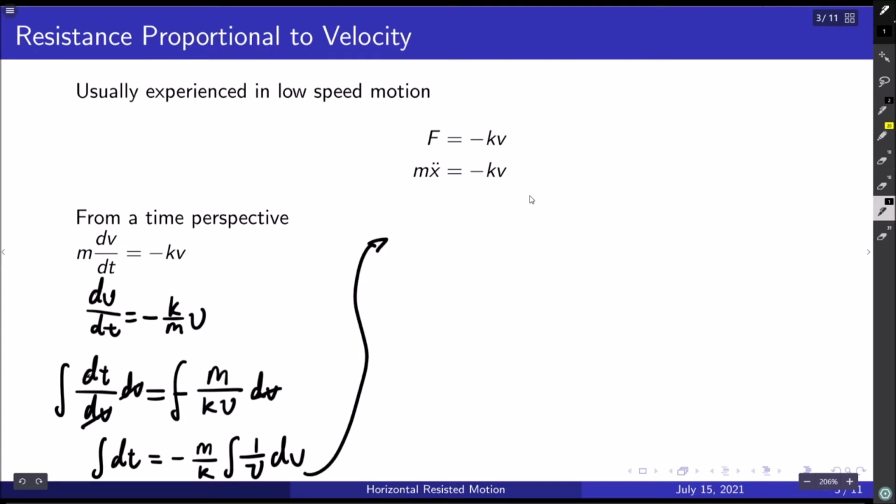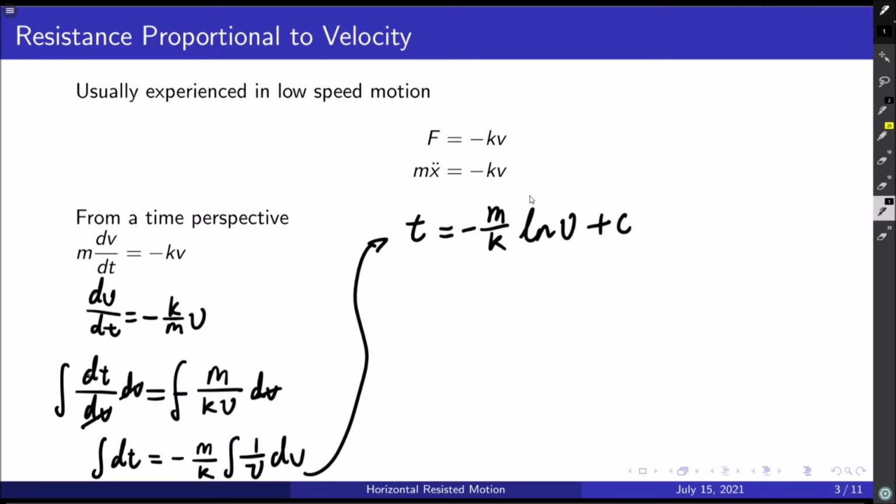What we end up with is t, because we integrate 1 with respect to dt, equals negative m over k times the integral of 1 over v, which leads to log of v. I'm not really going to bother with absolute values because for velocity here, we generally treat the direction of motion as positive. Plus c.